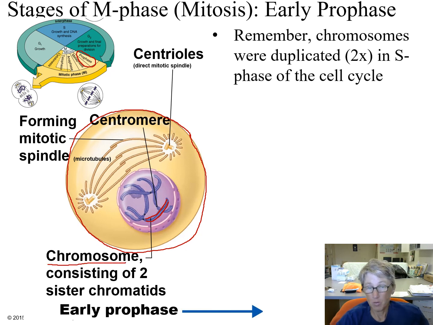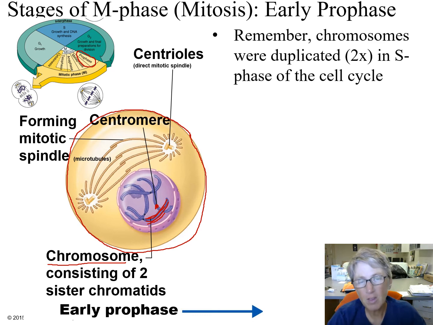And because it's been duplicated, the chromosome consists of two sister chromatids. So here's one sister chromatid, here's another sister chromatid. And the sister chromatids are held together in the chromosome right here by this thing called a centromere.